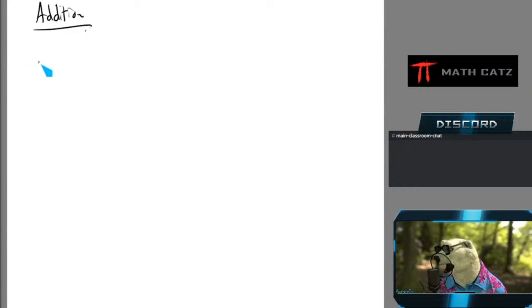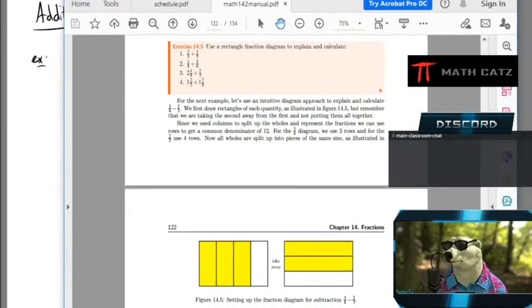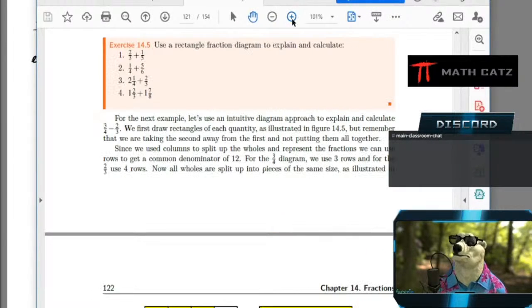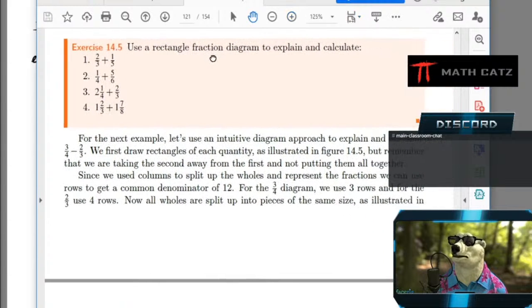So let's take an example. Actually, I'm just going to do it by way of the book exercises. I need to drag it over to show you. Let's zoom in a little bit. There we go.